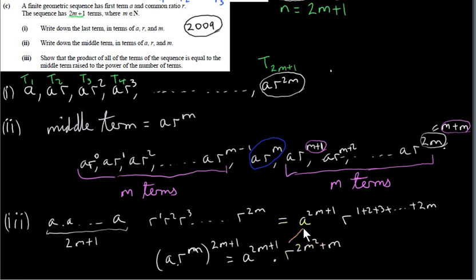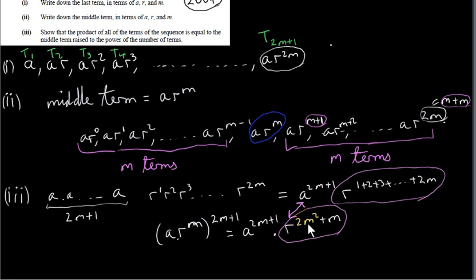So we want to show that these are equal. Well, we can see that the a's are the same, but we need to show that the r's are the same. To show that these r terms, the r part of it, are the same, we need to look at the powers. We need to show that 1 plus 2 plus 3 summed as far as 2m equals 2m squared plus m.